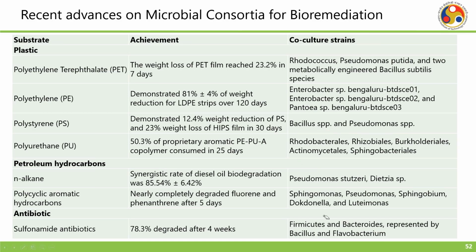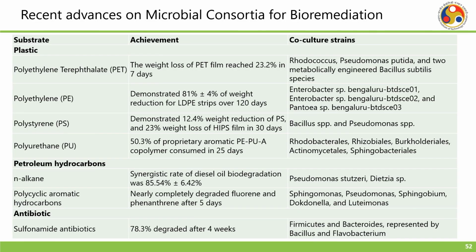Then in the case of polyurethane, around 50% of proprietary aromatic PEPU-A copolymer was consumed in 25 days, when a co-culture of Rhodobacterales, Rhizobiales, Brucellales, Actinomycetales and Sphingobacteriales was deployed.